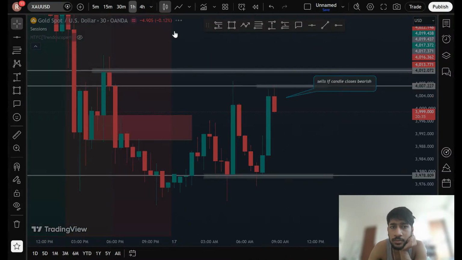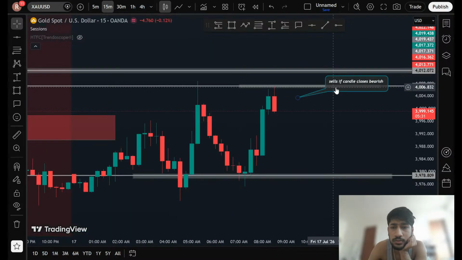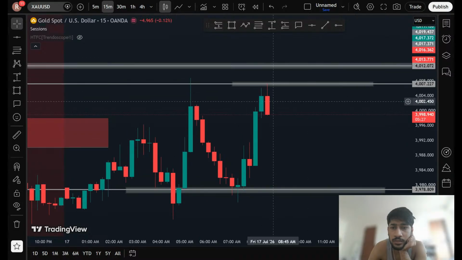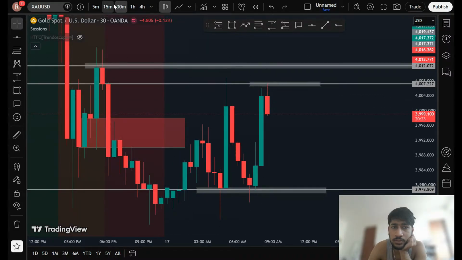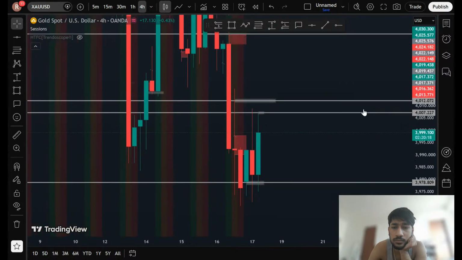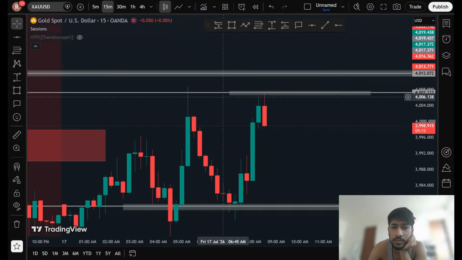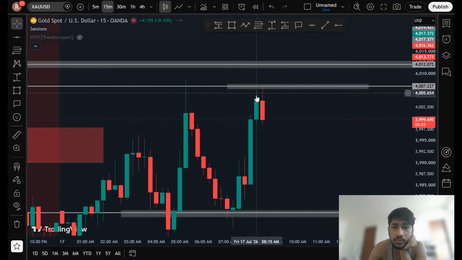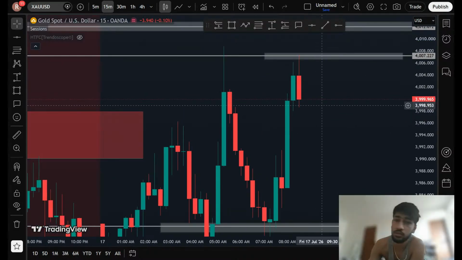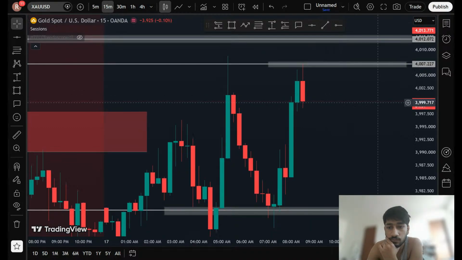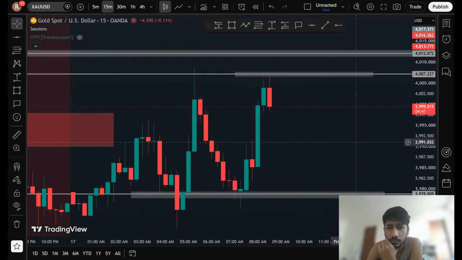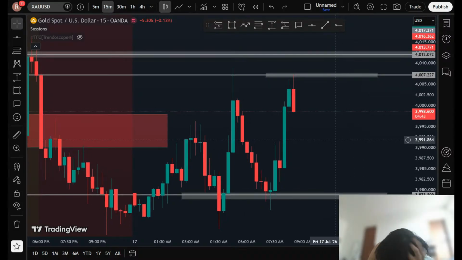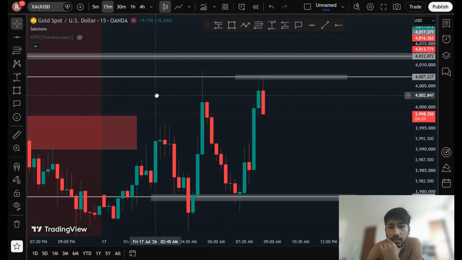No, because 30 minute is properly bullish, and H1 is kind of bullish too, so it would be hard for me to take sells. You can even see this candle is very huge, so I will only take sells near resistance, near support. Even if it goes down, I don't care.